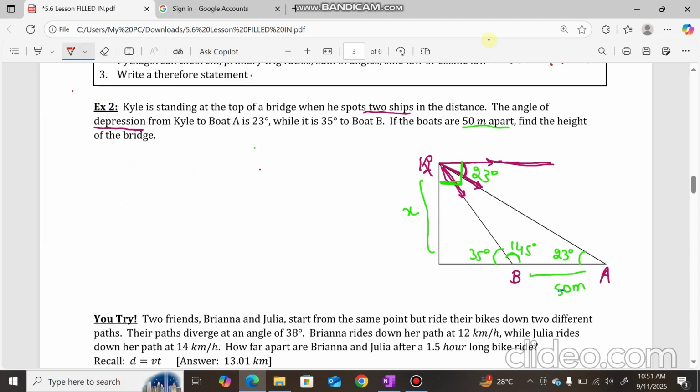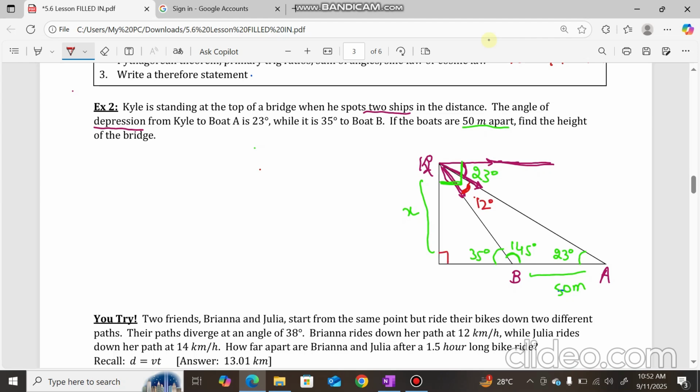So we have two angles, which means we can get this angle. By subtracting these two angles from 180, we get, I guess, 12 degrees.